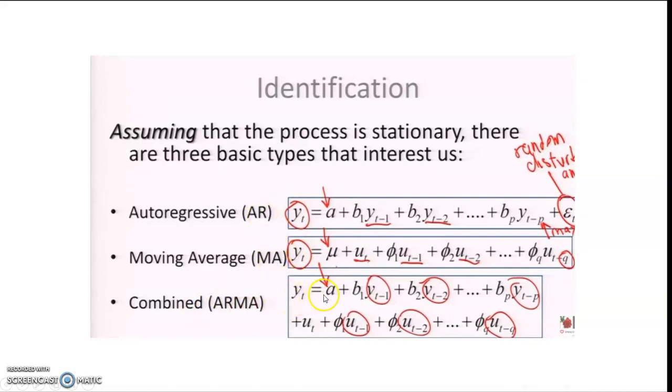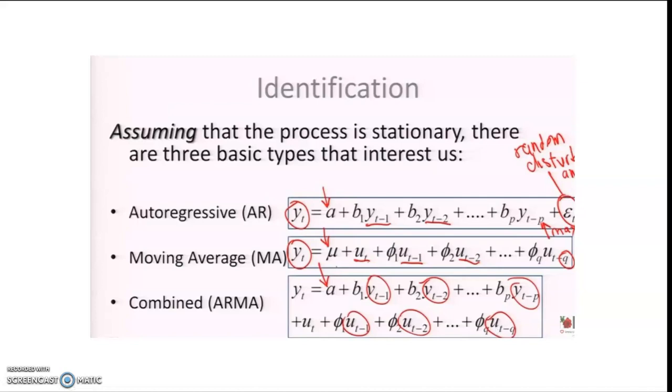So yt is equal to a plus b1 yt-1 plus b2 yt-2 up to bp yt-p plus ut plus phi1 ut-1 plus phi2 ut-2 up to phiq ut-q.